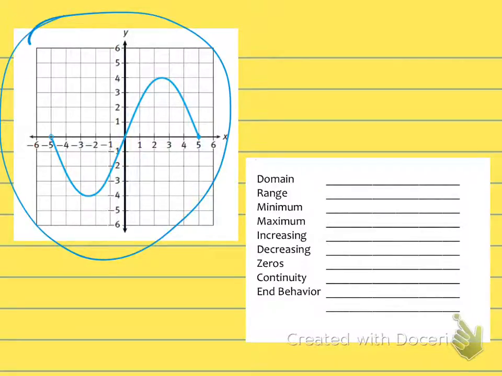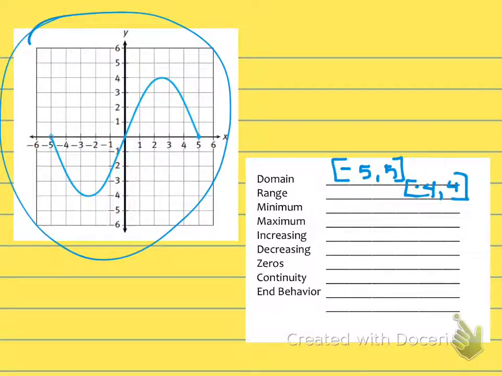So this kind of gives you a little bit of review. So here we have the domain for this function goes from -5 to 5 inclusive. And the range for this function goes from -4 to 4 inclusive.